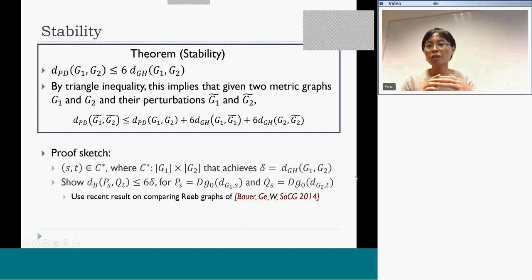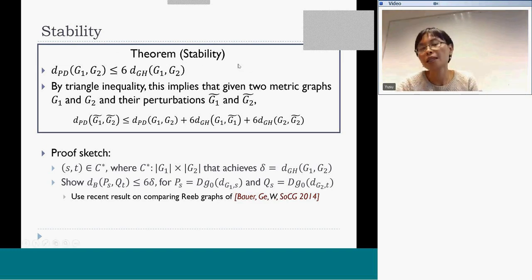All the subsequent results I'm going to talk about actually hold for that case as well. If two input graphs are isometric, then they have the same image in the space of persistence diagrams. In other words, this persistence-distortion distance, dPD, will be 0 for isometric, isomorphic graphs.